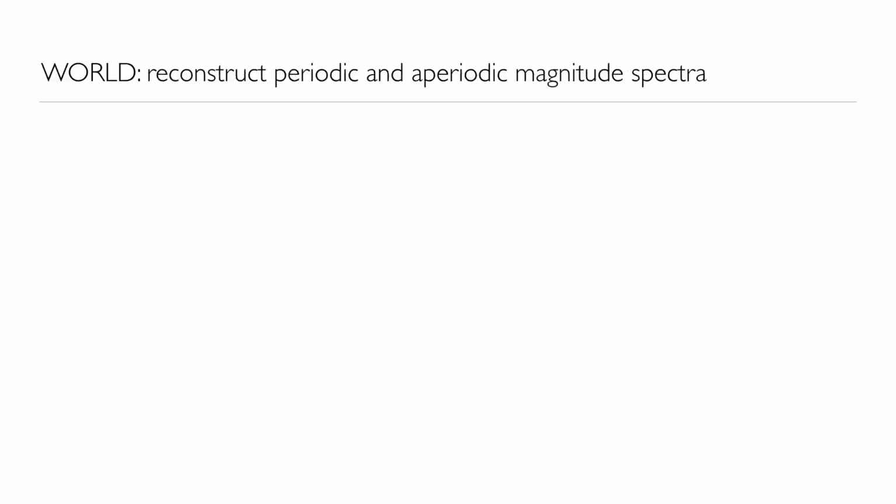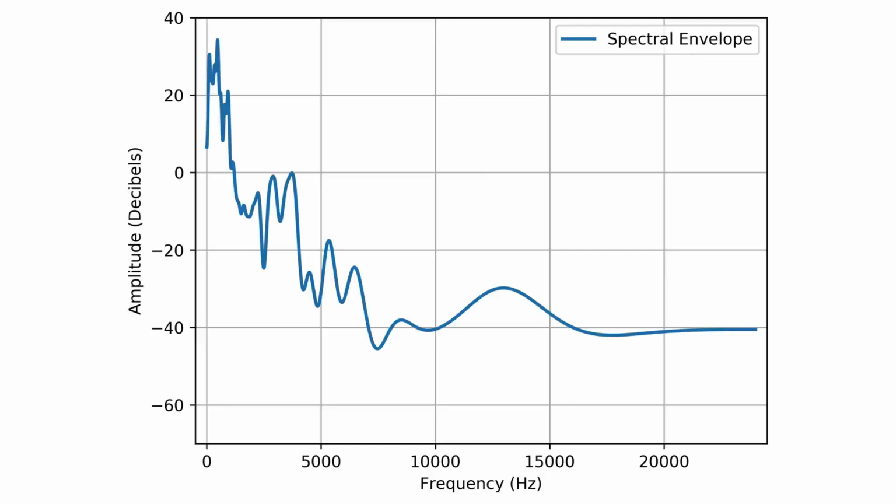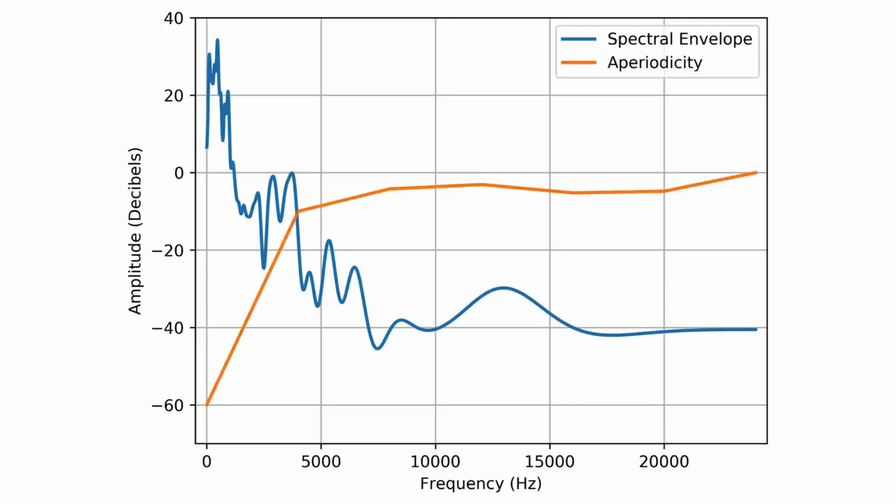In that way we have the spectral envelope at the pulse location. Once we have it, we need to reconstruct the periodic and the aperiodic spectral envelope. Okay, so that's the blue line. It's just the spectral envelope, and we also have the aperiodicity. These two curves, these two features, are the input of the synthesis module of the vocoder.